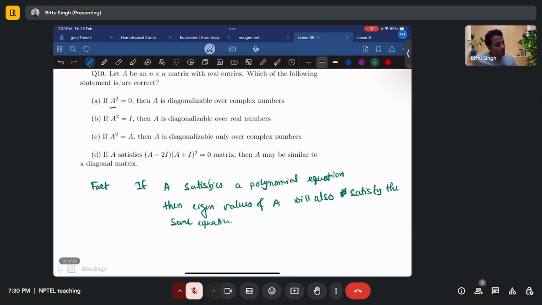For example, here the polynomial equation is A square equal to 0. Let us see why this is true.